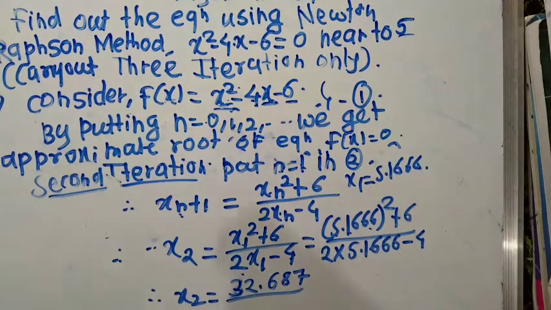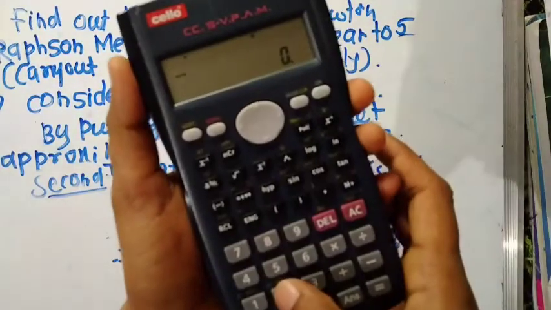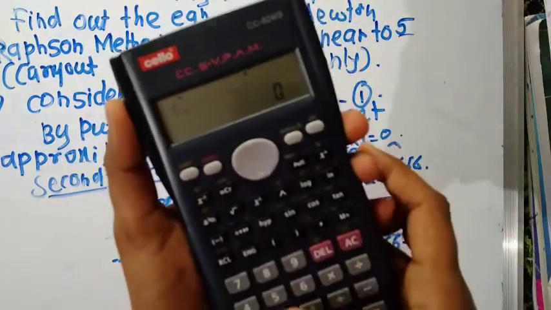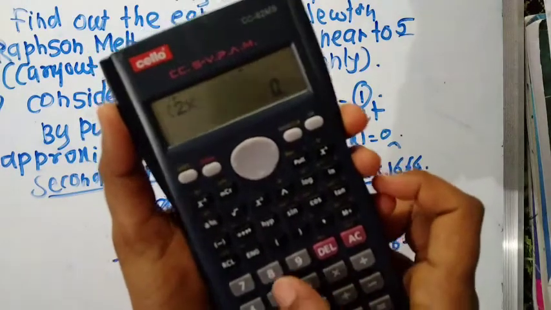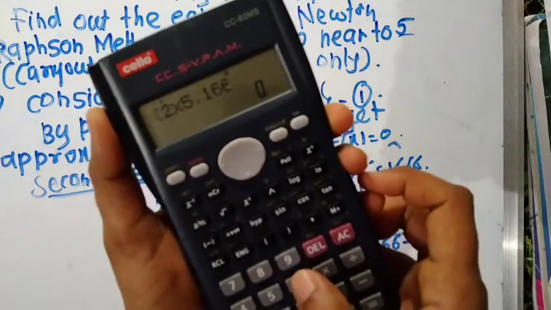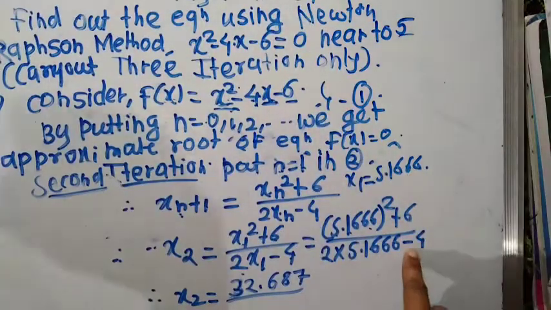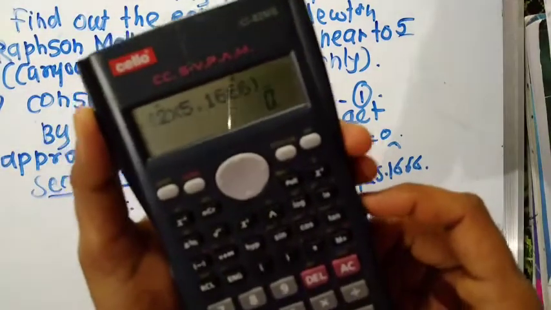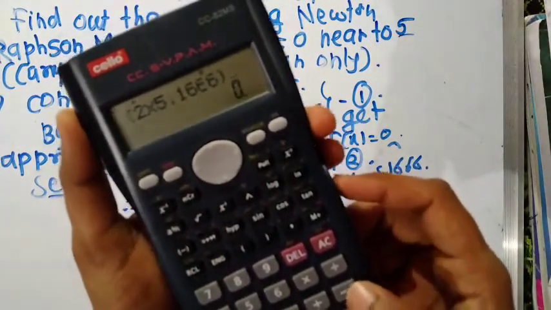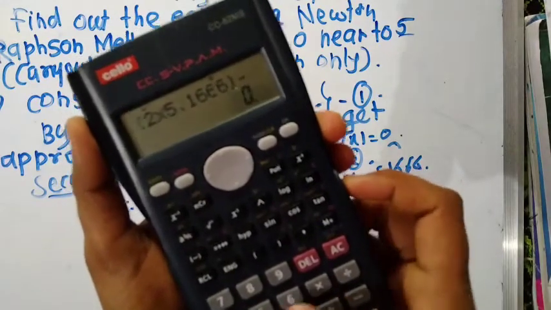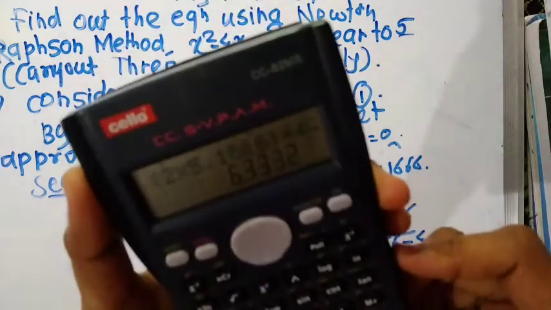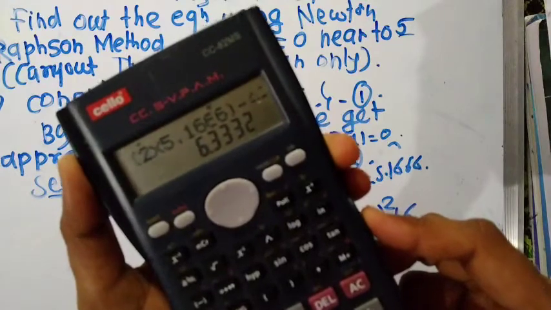Divided by 2 into 5.1666 minus 4, which is equal to 6.3332.